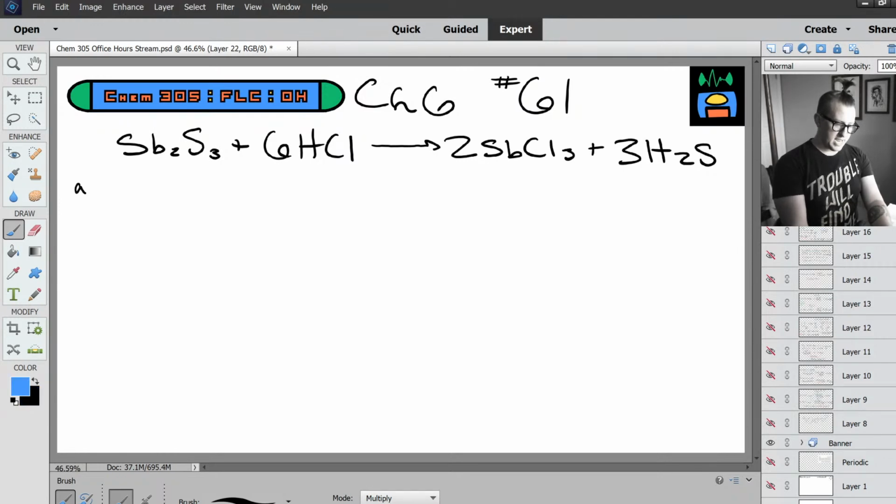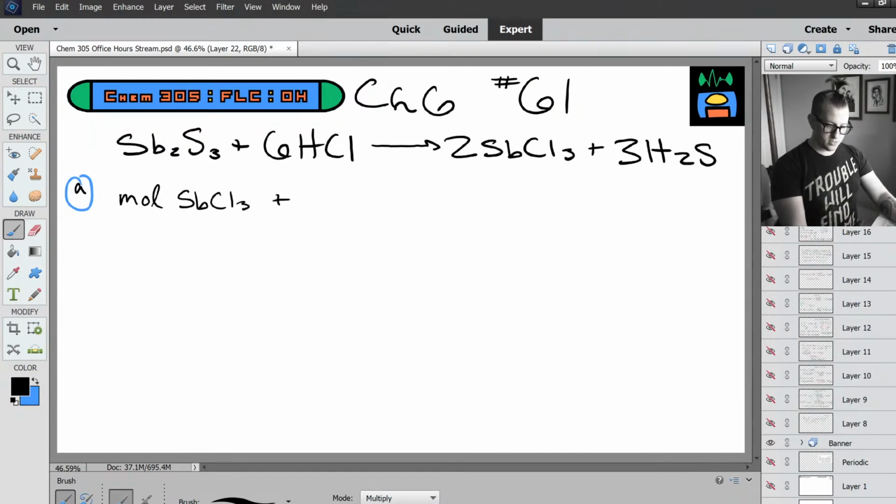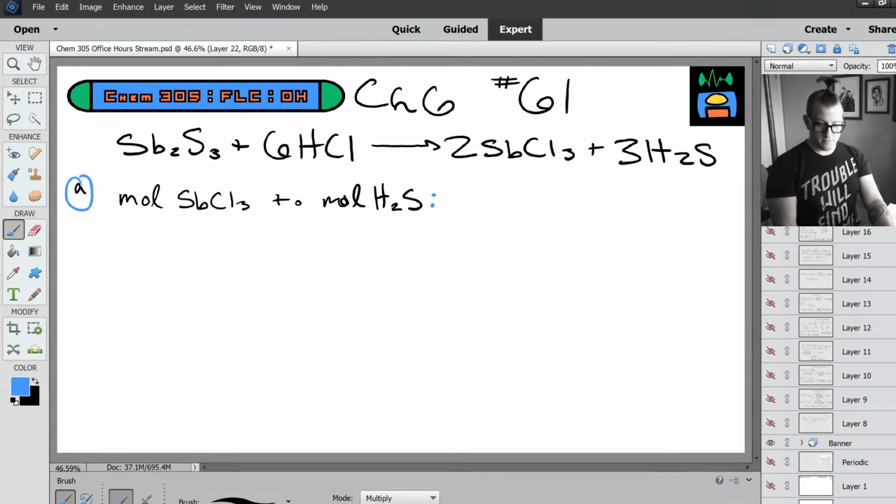So for example, with A, they want to know the conversion factor to go from moles of antimony trichloride to moles of H2S. All right. So here, if we're converting from moles of antimony trichloride, that means that this is our denominator of our conversion factor.